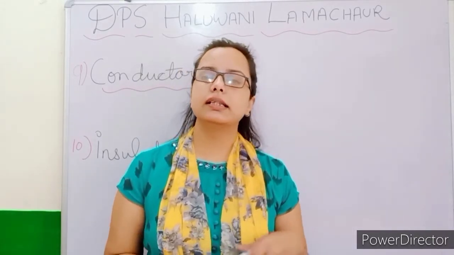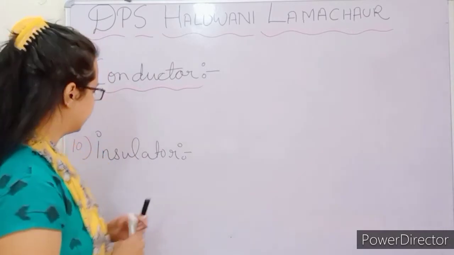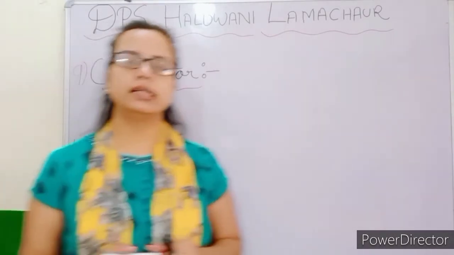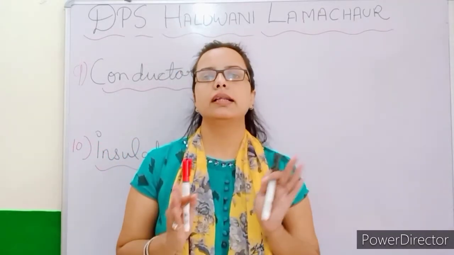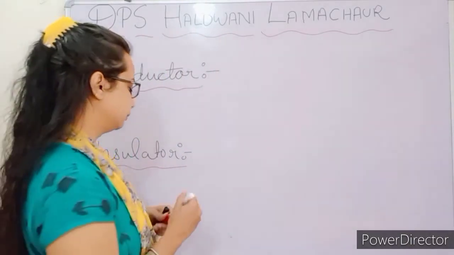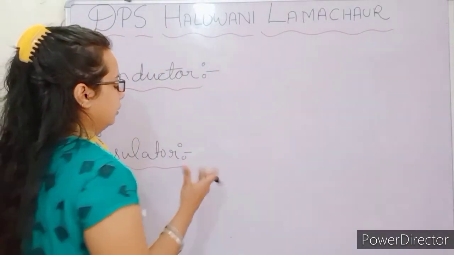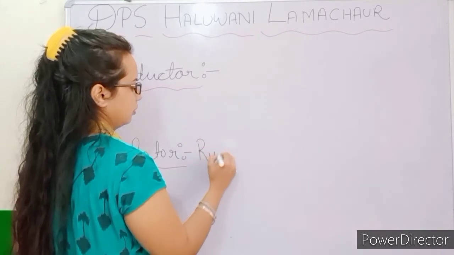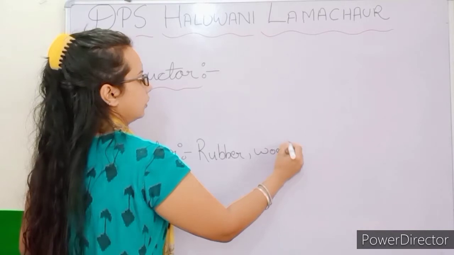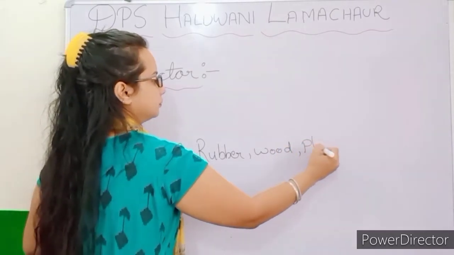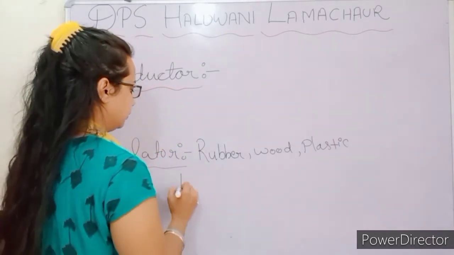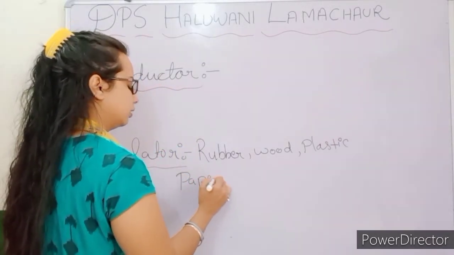And the next one is the insulator. What is an insulator? It is a material that does not allow the current to pass through it. For example, rubber, wood, plastic, paper, and other things.